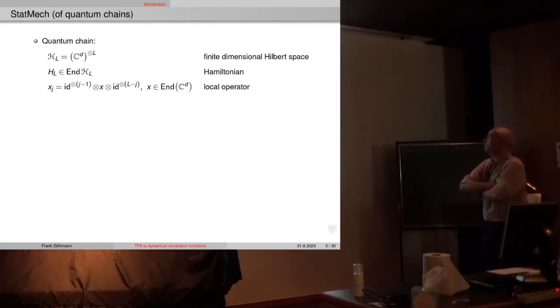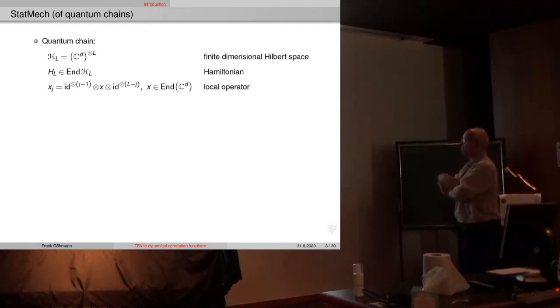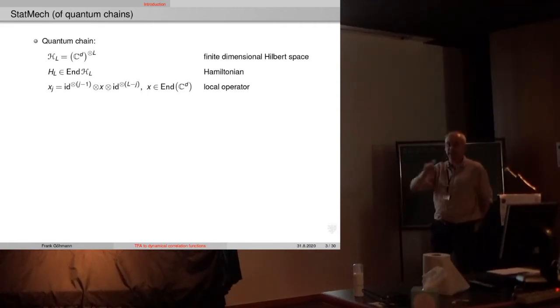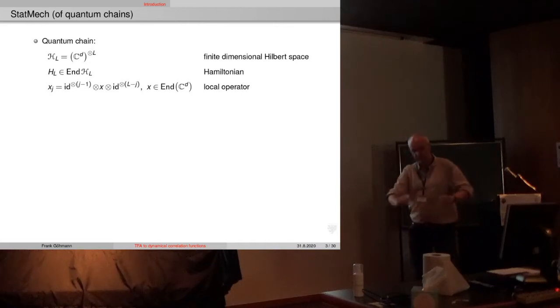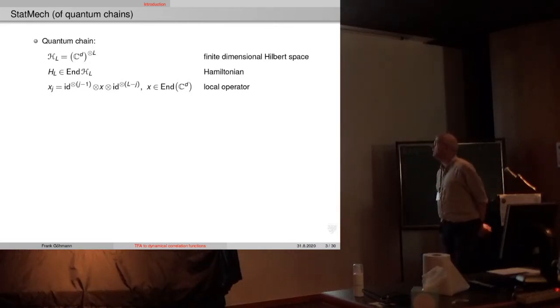So this is the introductory picture for people who don't work in lattice models. I'm usually considering a quantum chain. So the interesting thing here is that I have a finite Hilbert space, which is composed of a finite dimensional local space, and copies of it as the length of my chain, and I take the tensor product.